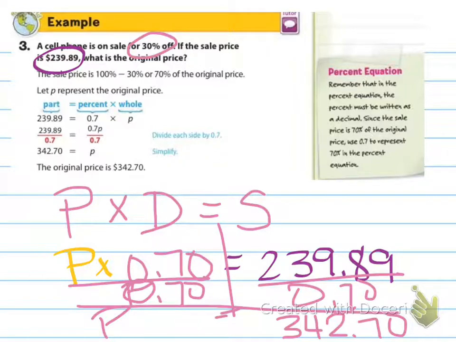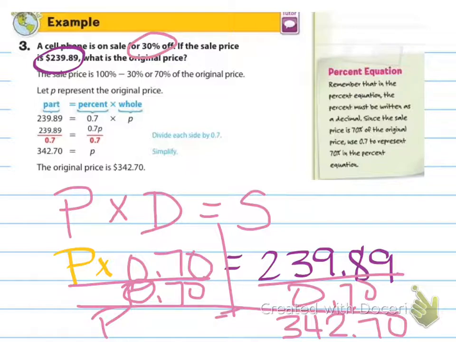Make sure it makes sense, because this is where you can get really mixed up and maybe multiply by 0.7 instead of dividing by 0.7. Does it make sense that the original price was $342.70 and that the discounted amount was $239.89? It makes sense. If you somehow got a smaller number than $239, you should know that the original price isn't less than the sale price.